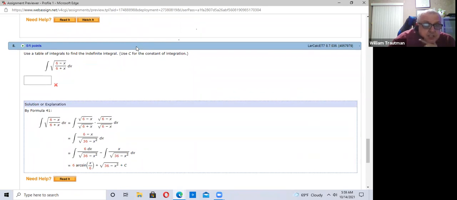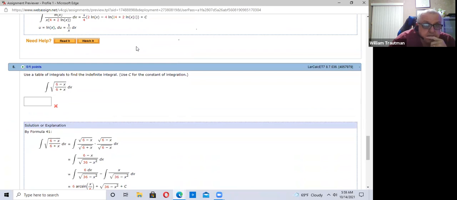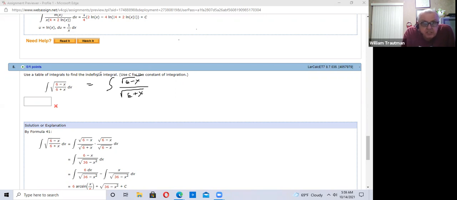So this is a good one to start us off in showing. In our formulas, we don't have a square root with a fraction like this anywhere. So we're going to break this. What they do is they break this apart. 6 minus x over square root of 6 plus x.